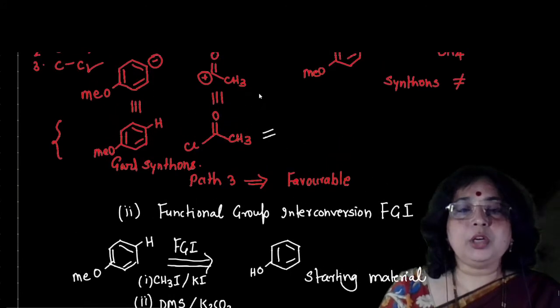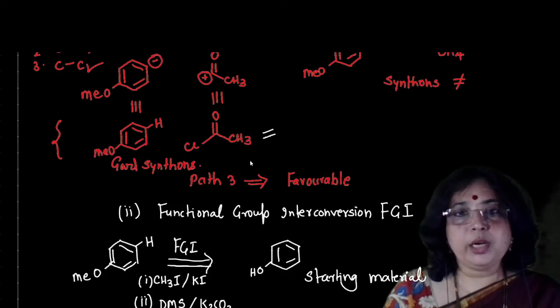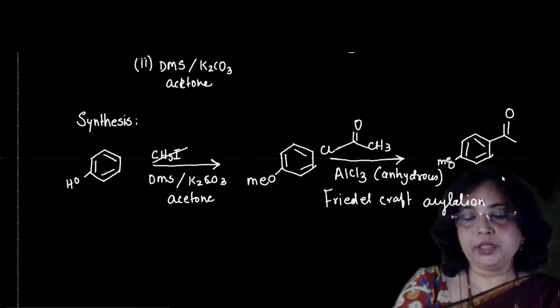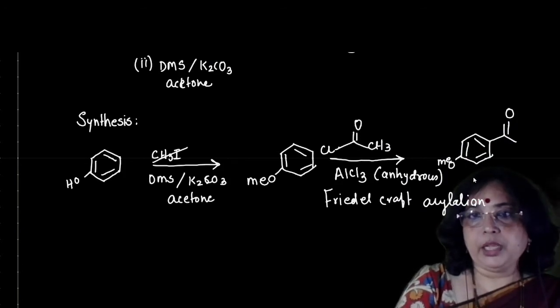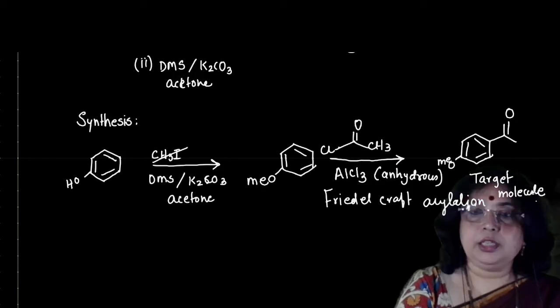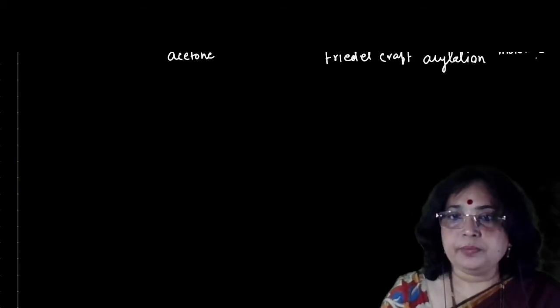Now here, what are the synthons obtained? We have used those synthons and the synthetic equivalents in our synthesis part, and we have achieved the target material. So this is the target molecule we obtained by the synthesis. Now let us start the Friedel-Crafts alkylation.